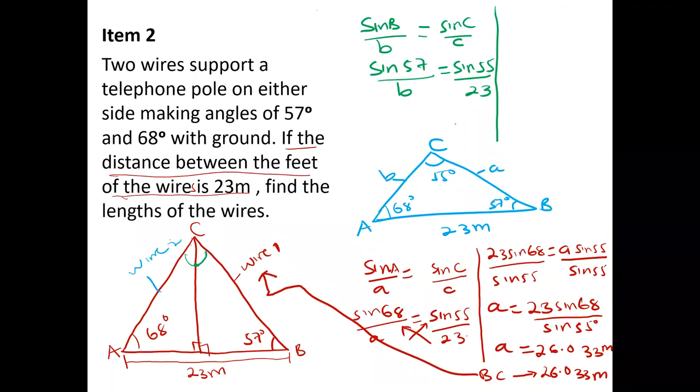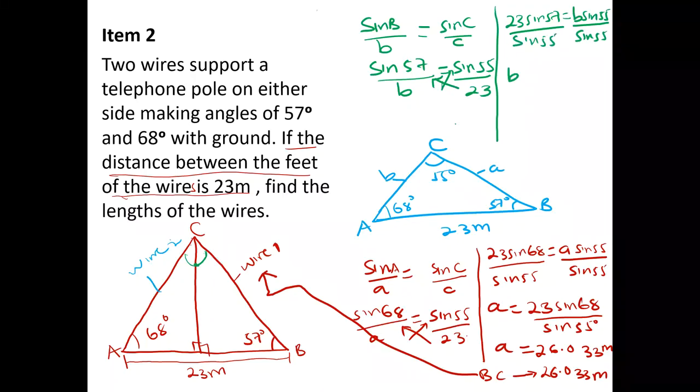And then here it's better we cross multiply. We shall have 23 sine 57 is equal to b sine 55. Finally, to make b the subject, it's better you divide by sine 55, and then you come this side and divide by sine 55.